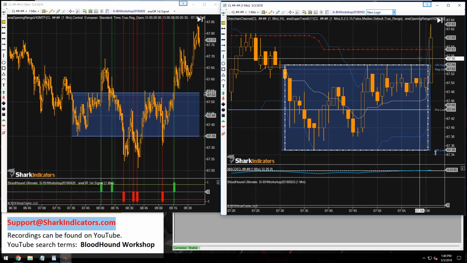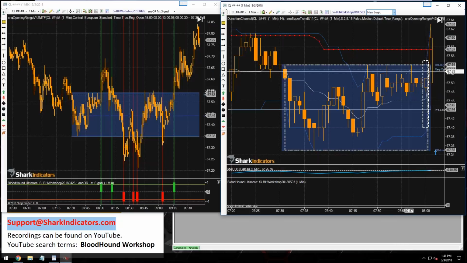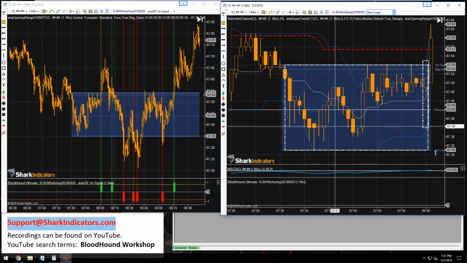Quite often it comes down to the various details of what the market can throw at you when you're trying to build a system here. So I'm actually going to have to allow BloodHound to start generating an output one bar before the range time is finished.